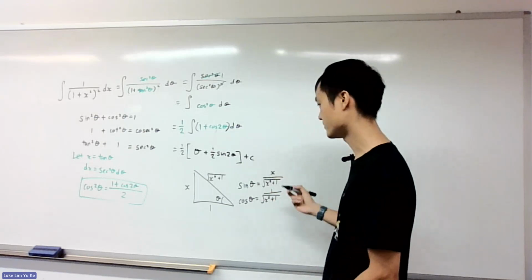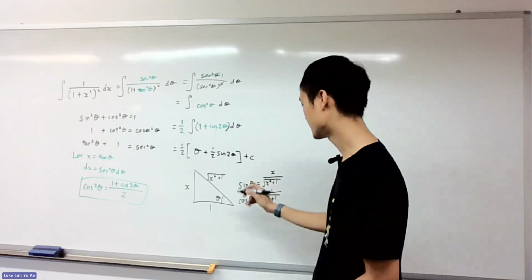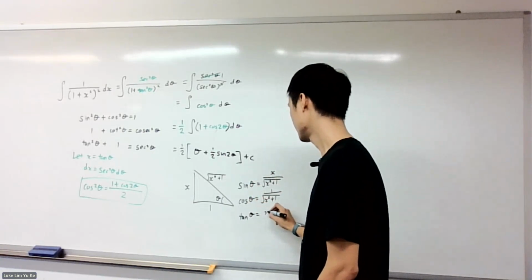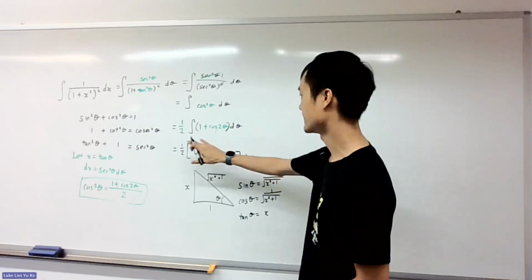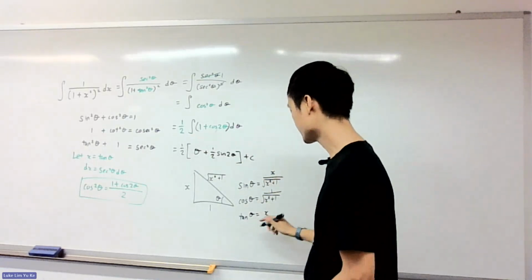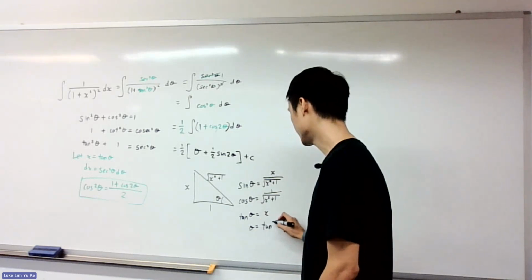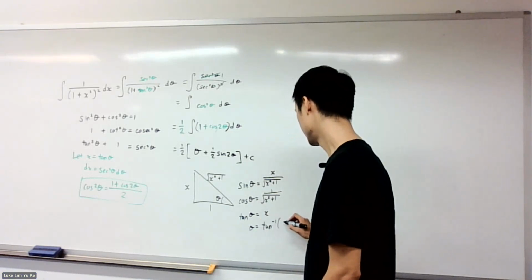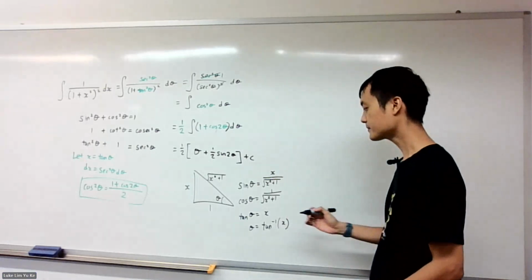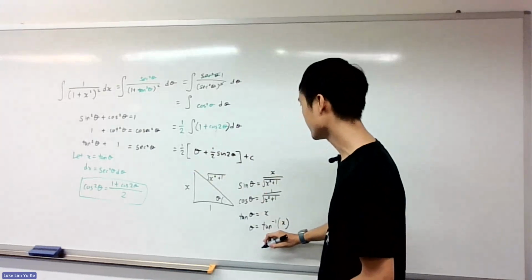And tangent theta is just x. Okay, now we can replace all these things. Since tangent theta is x, we know that theta will be the arctangent of x. So now we can replace this theta with arctangent x.